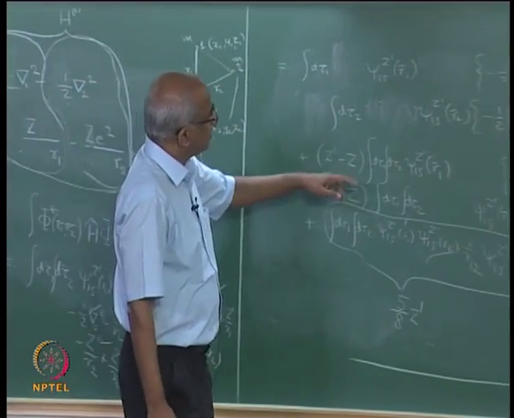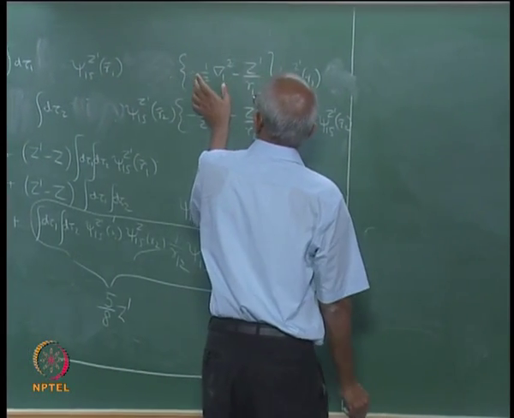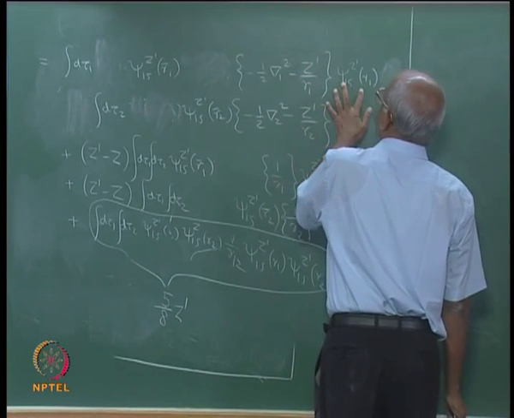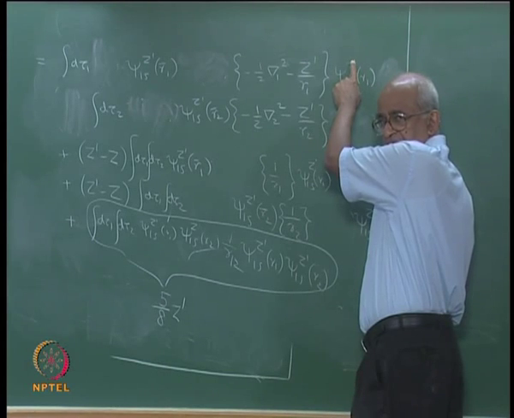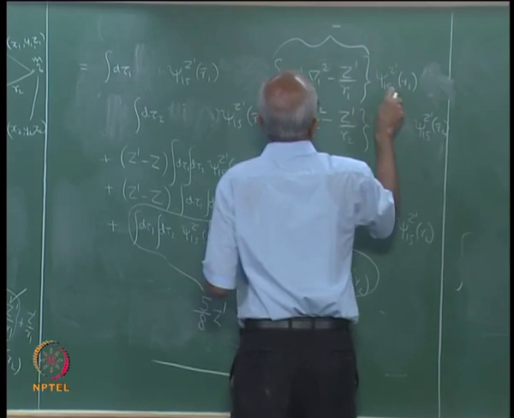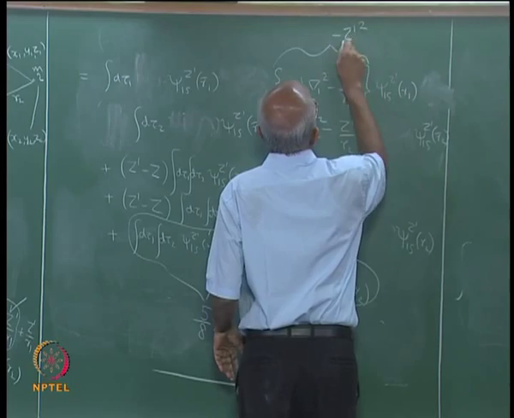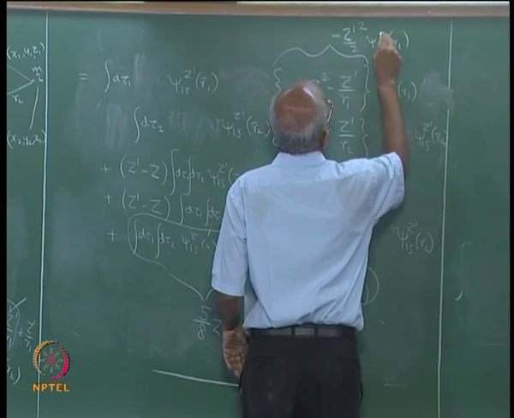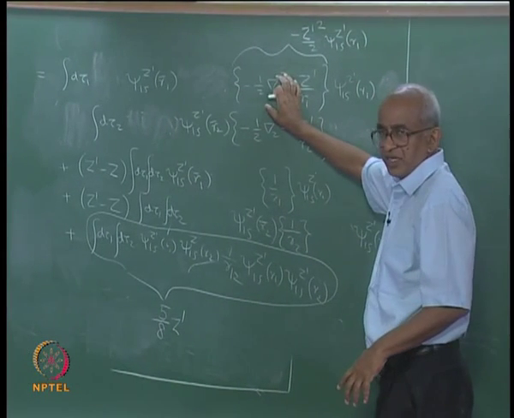And then if you looked at the first term, what is going to happen? You have minus half del 1 square minus Z prime by R1 operating upon psi 1s, which feels the nuclear charge Z prime. So, what will happen is that this operator will simply give me minus, this is an eigenfunction of that operator. So, therefore, minus Z prime square by 2 into psi 1s R1 is the result, correct, because this is an eigenfunction of that.